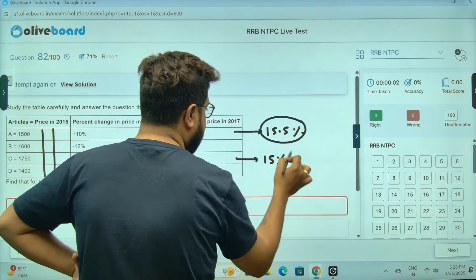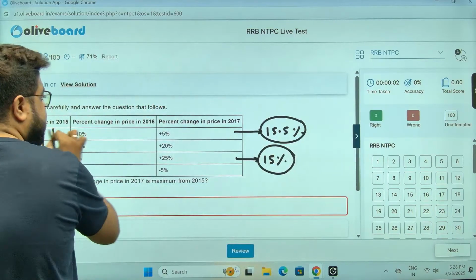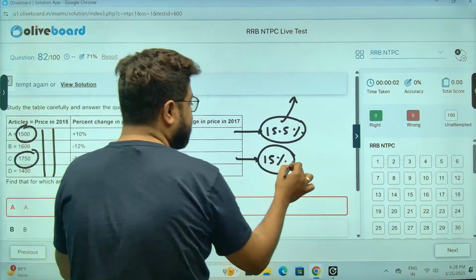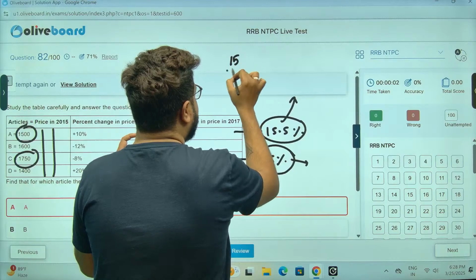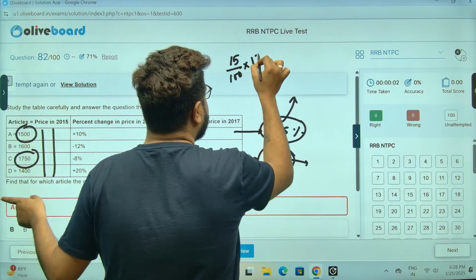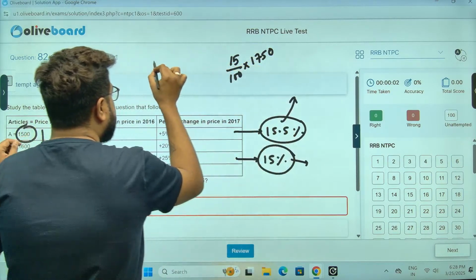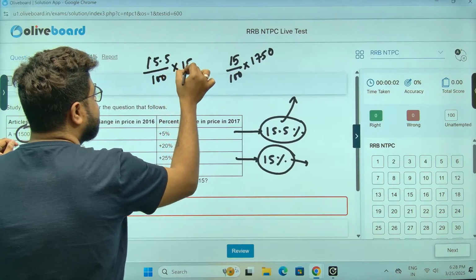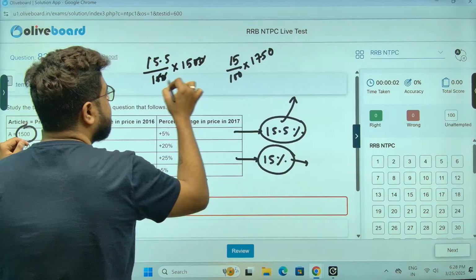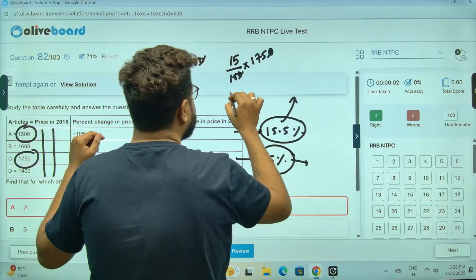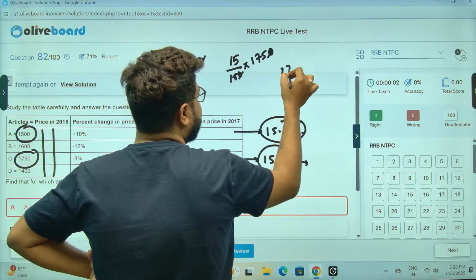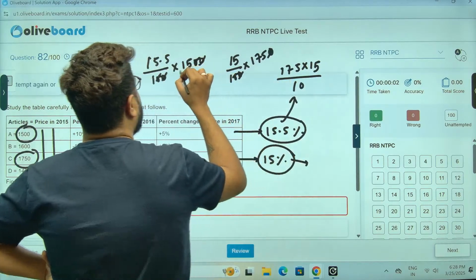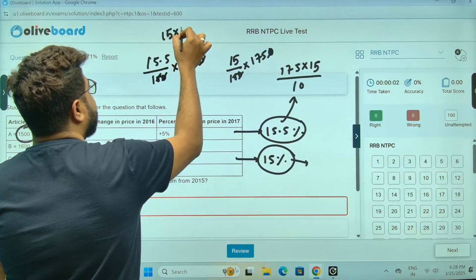Calculate on the value, sir. 15.5% of 1500 and 15% of 1750, sir. It is 15 by 100 into 1750. Is this bigger, or 15.5 by 100 into 1500, sir? This is bigger. This is 175 into 15 by 10, and it is 15 into 15.5.